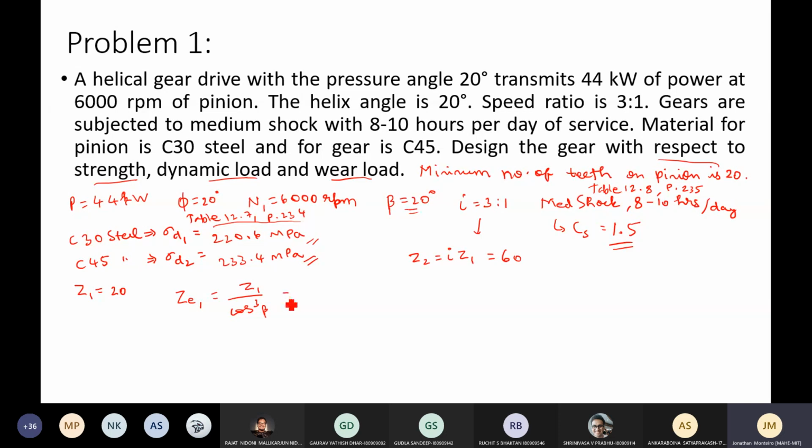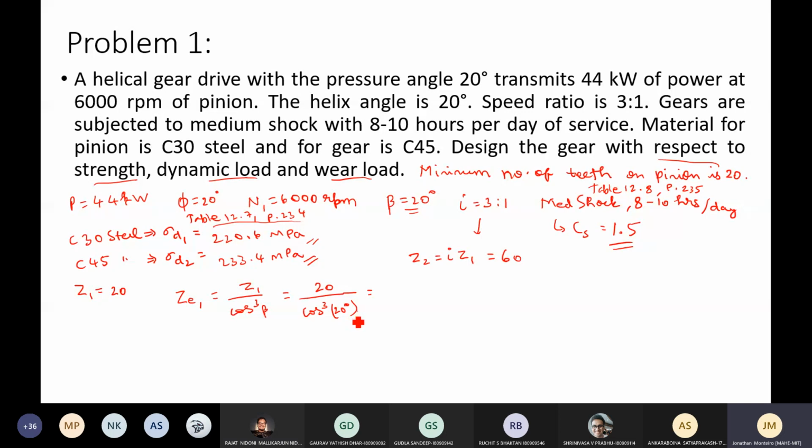When you do this type of calculation, please be careful what mode you are running the calculator on. If it is in degree mode, then it is fine. If it is in radians mode, you may get a different answer. So cos 20, when you enter, the 20 should be taken by our calculator in degree mode.